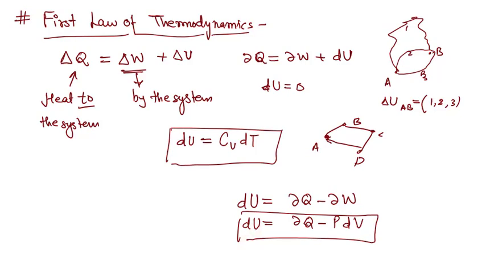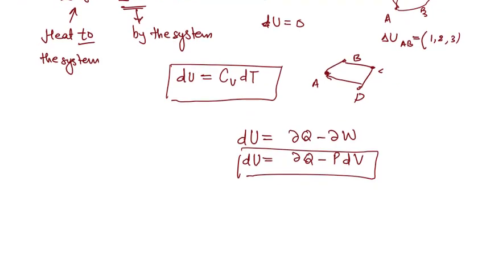Now, let me talk about some specific types of processes that can happen. First, the isothermal process. An isothermal process is one where the change in temperature doesn't happen. If the process is isothermal, then the difference in temperature at different points will be zero.